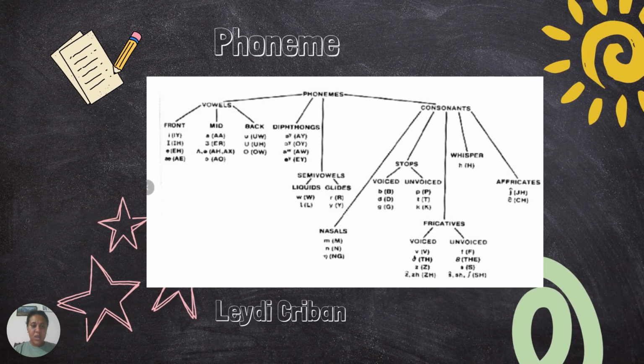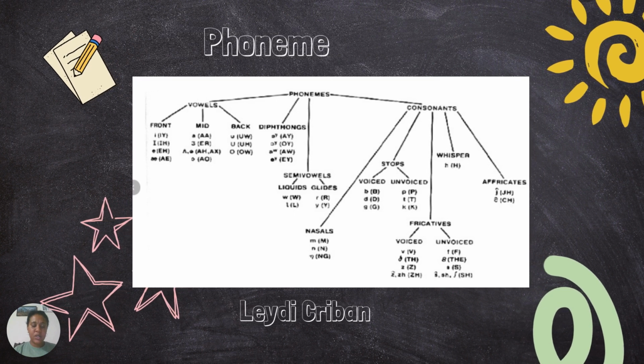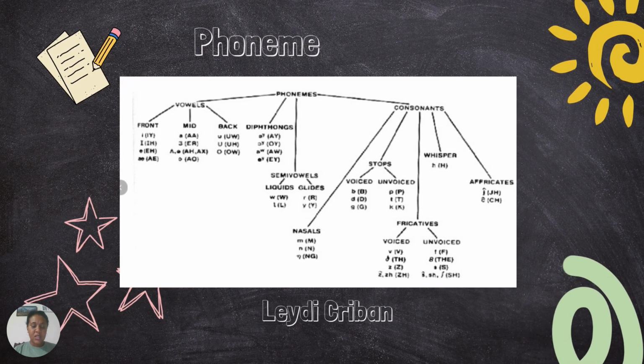In the English language, there are 44 phonemes: 19 consonants, 5 short vowel sounds, 5 long vowel sounds, 7 digraphs, 2 oo sounds, and 5 r-controlled sounds.